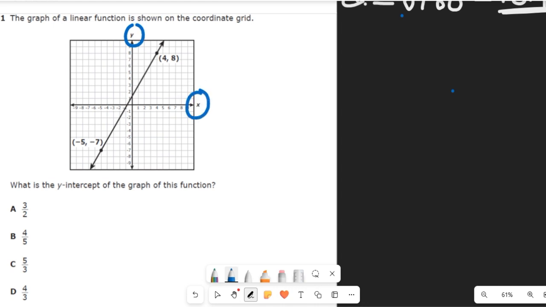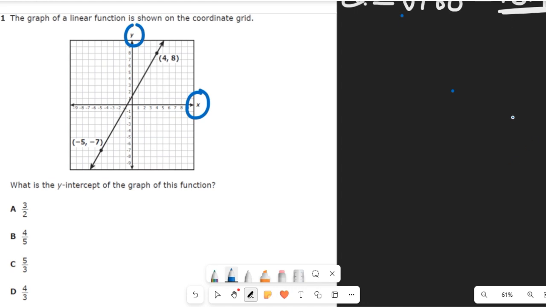This is a point at (4, 8), and this is a point at (-5, -7), and this is a linear function. The question now says, what is the y-intercept of the graph of this function?